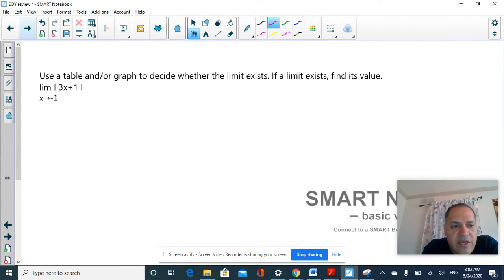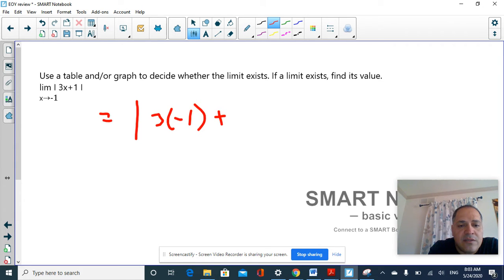The next question: find the limit of the absolute value of 3x plus 1 when x approaches -1. So what are we going to do? Just plug in. You can use a table, you can use a graph, or just plug in. If you plug in -1, 3 times -1 plus 1.